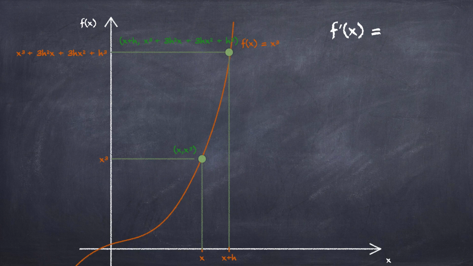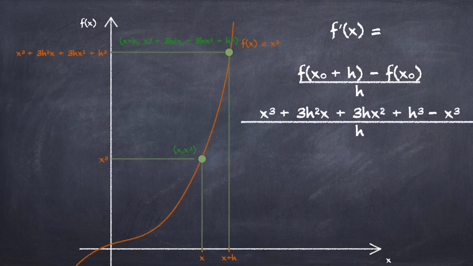So let's use our super handy-dandy equation, this one, and let's stick all the values in. F of x naught plus h is going to be the really hairy equation that we just got, and x cubed is the other y value. So this is our equation.